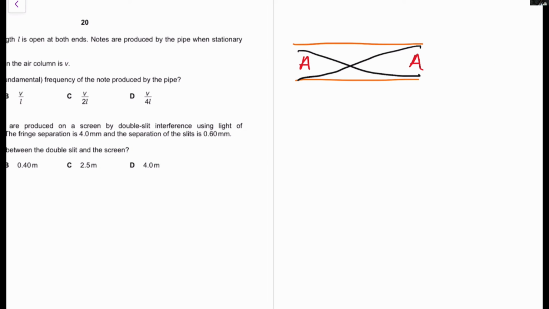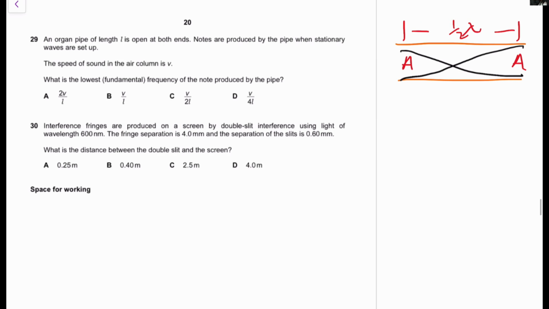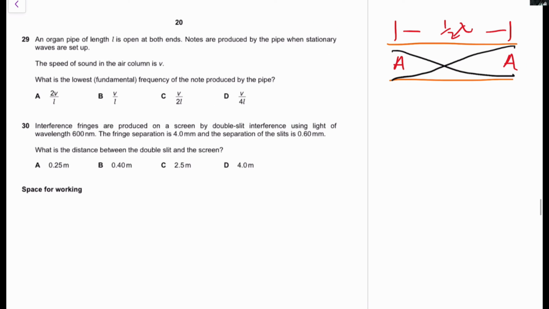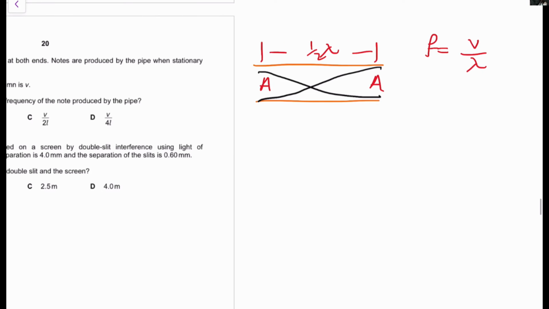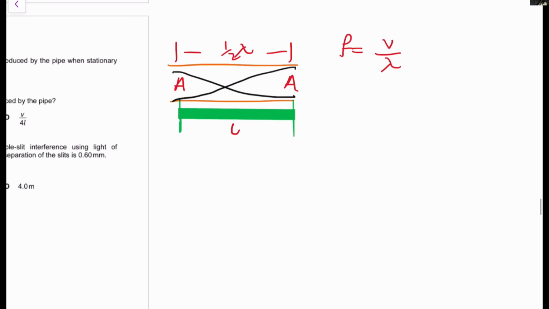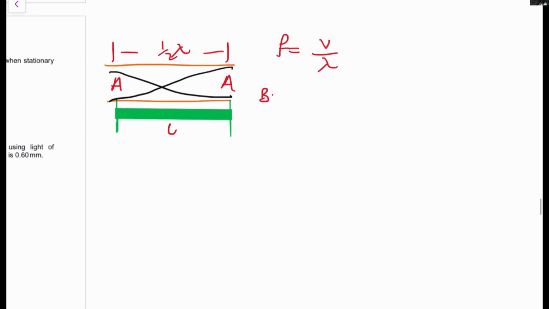Like I've said, the distance from an antinode to an antinode is going to be 1/2 lambda, guys. So what is the lowest frequency that we can ever get? Well, frequency is equivalent to V divided by lambda. But this distance is going to be equivalent to L, so 1/2 lambda is equivalent to L. So lambda will be equivalent to 2L.